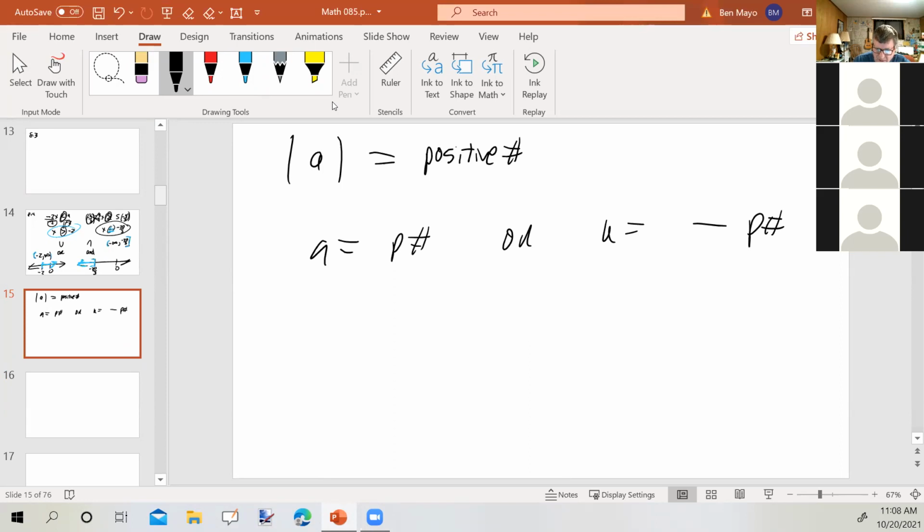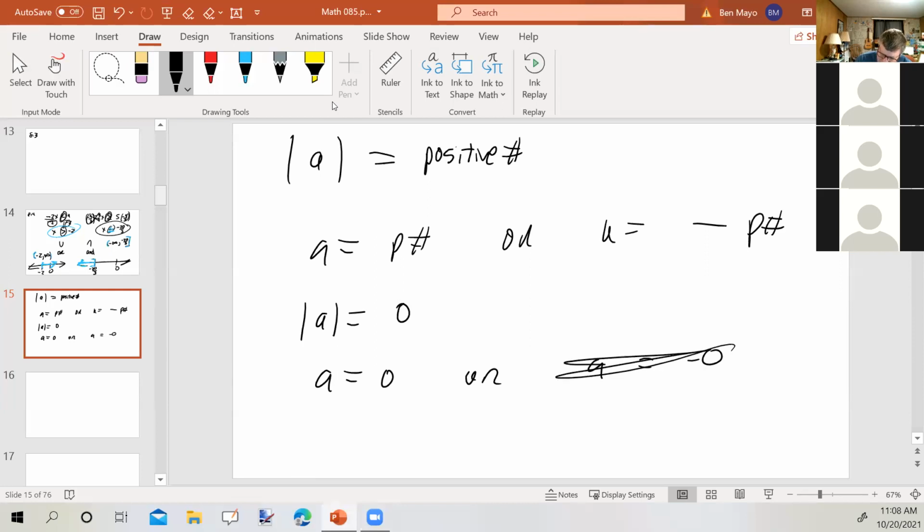Do you understand that notation? It's just my shortcuts. If the absolute value of A equals 0, you're going to have just one equation, because you're going to have that or that, but the opposite of 0 is equal to 0. So this is redundant, and you'd only have that form.